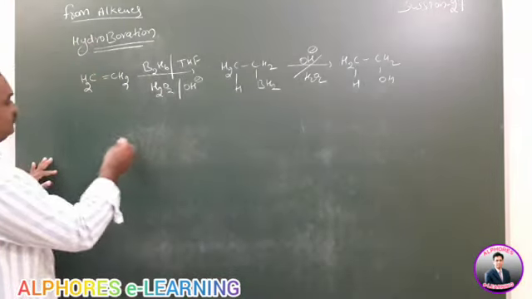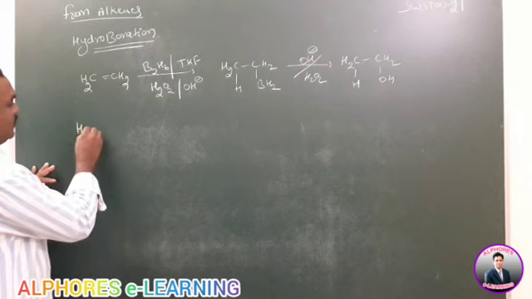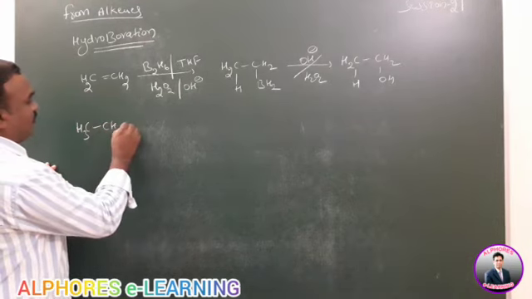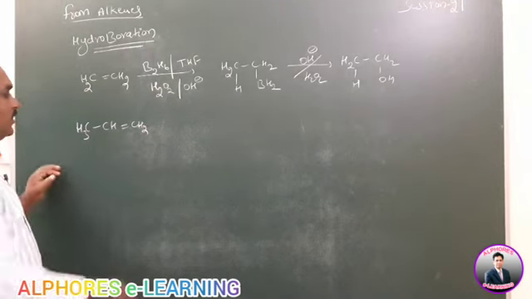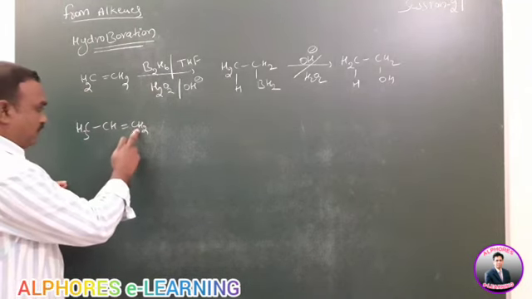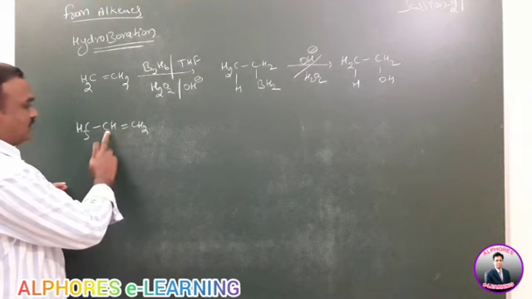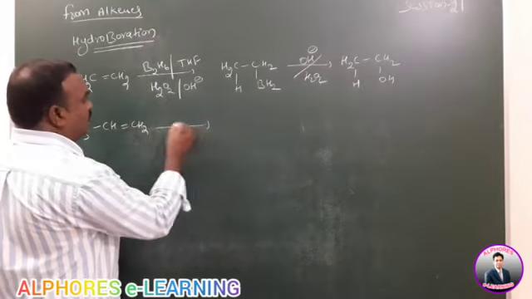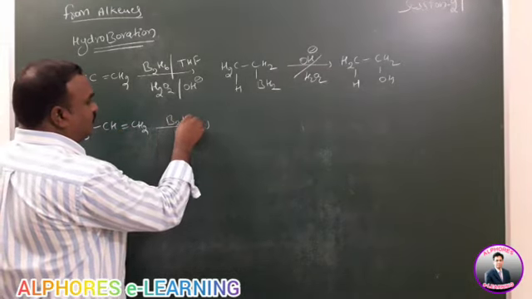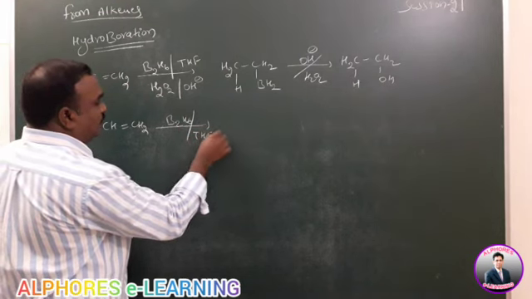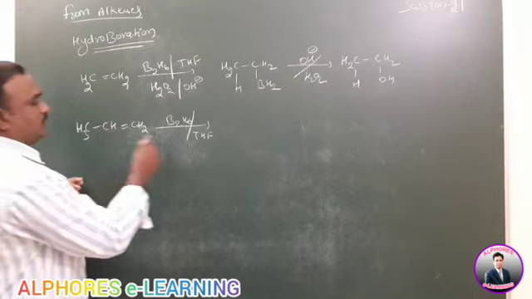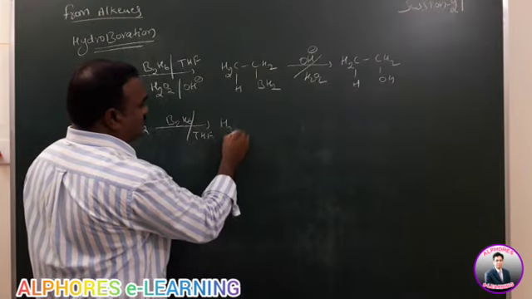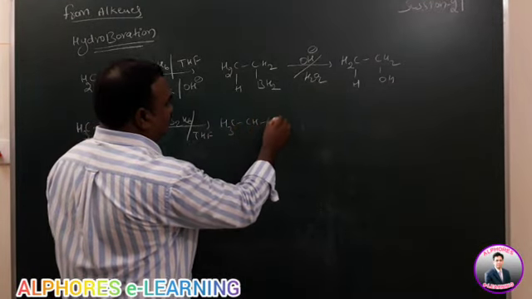For example, here a propene molecule is given, which has 3 carbons. According to Markovnikov rule, the electrophile is added to this one and the nucleophile is added to this one here. Here B2H6, tetrahydrofuran is given. Here BH2 and H. CH3, CH, CH2.